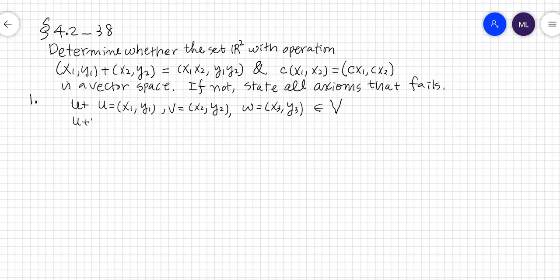So first, let's say, closure on the addition. So u plus v is (x1, y1) plus (x2, y2).